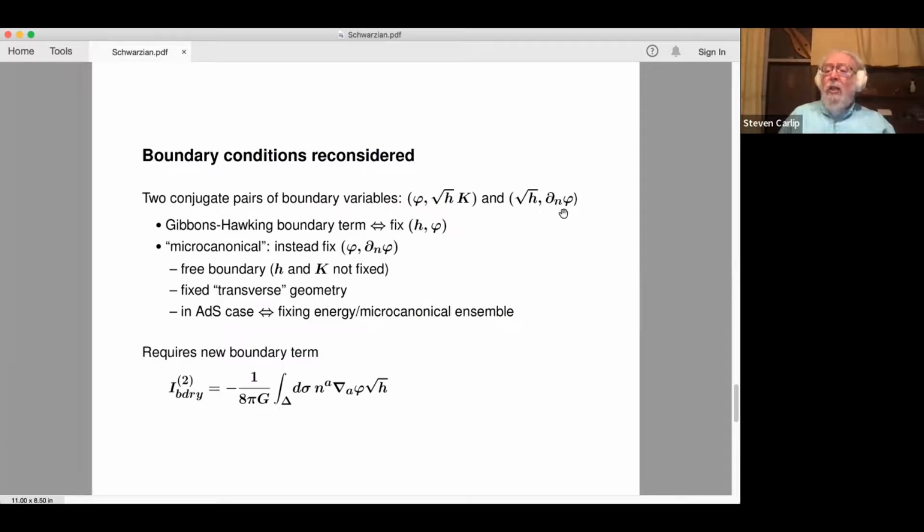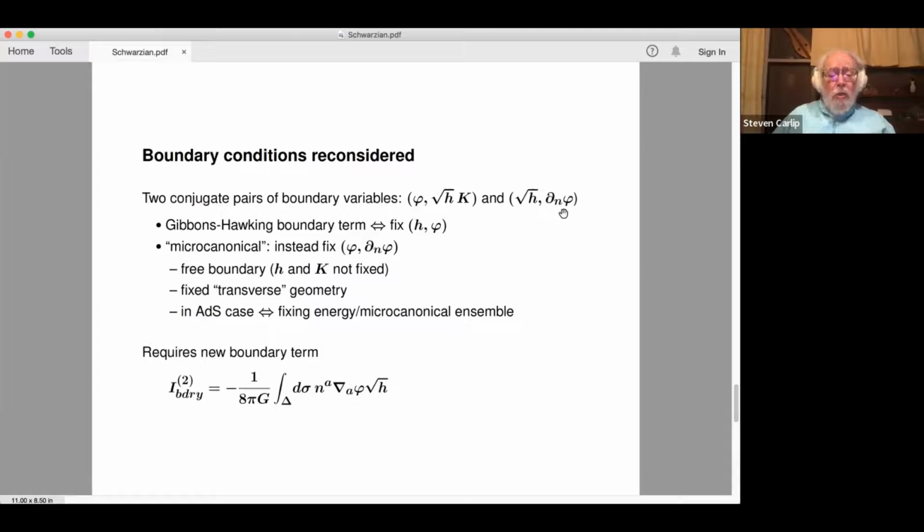For the non-extremal case, this is less clear because we're only working in a small neighborhood of the horizon and the ADM energy is defined at infinity. And it depends in a complicated way on the details of that dilaton potential. But this is still perhaps something like a microcanonical ensemble.